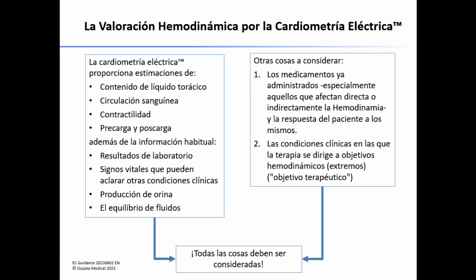Further on, we have to ask, because we don't know if it's a patient with or without medication, we have to ask for the medications applied and any other observations. So very important, all things have to be considered.